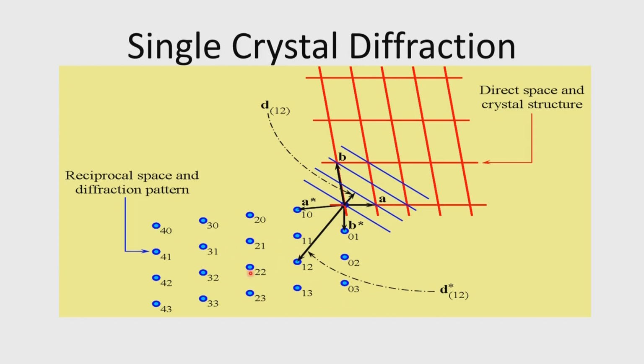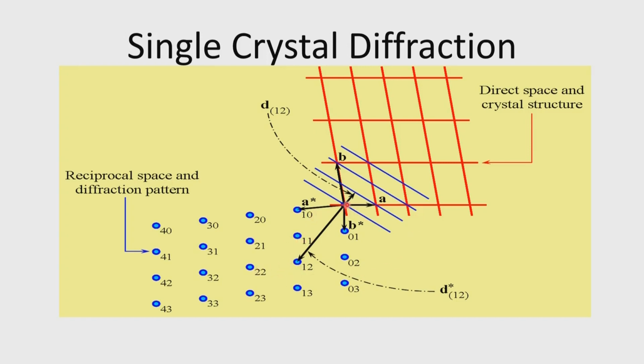So, suppose I take this as 1 2. This is cutting at 1 and this is cutting at half the position. So, this will then be 2 4.